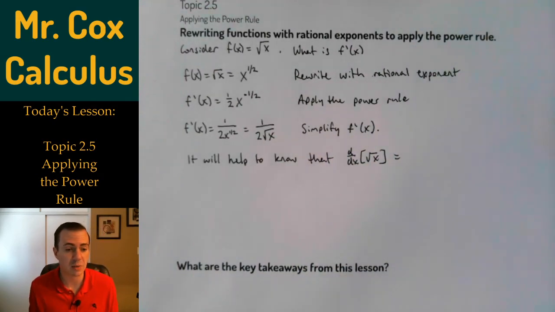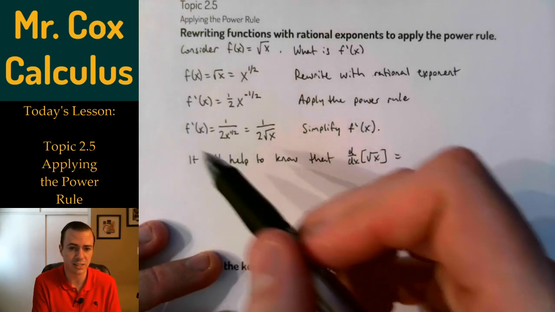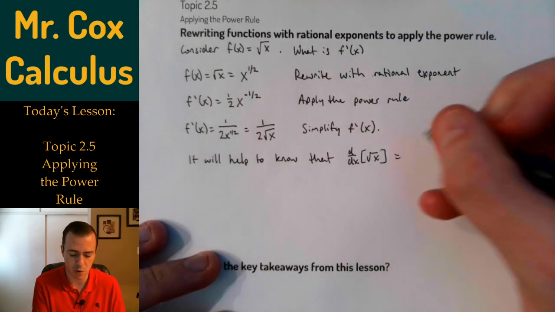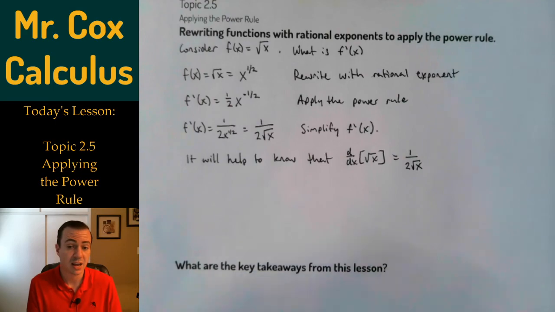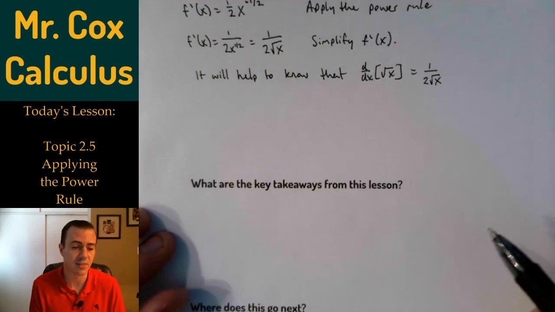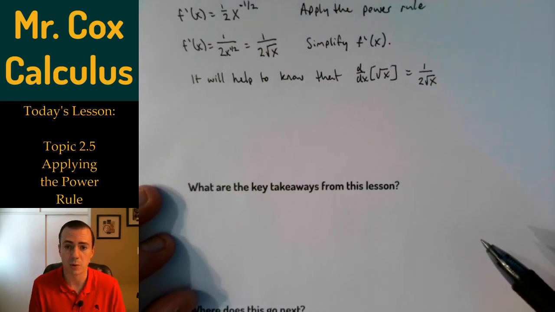There are going to be a lot of times in this class where we're taking the derivative of the square root of things, and to already know without having to do this each time that the derivative of the square root of x is 1 over 2 square roots of x is very helpful. It's always this form, because it comes up a lot, like I said, that we'll take the derivative of the square roots of things.